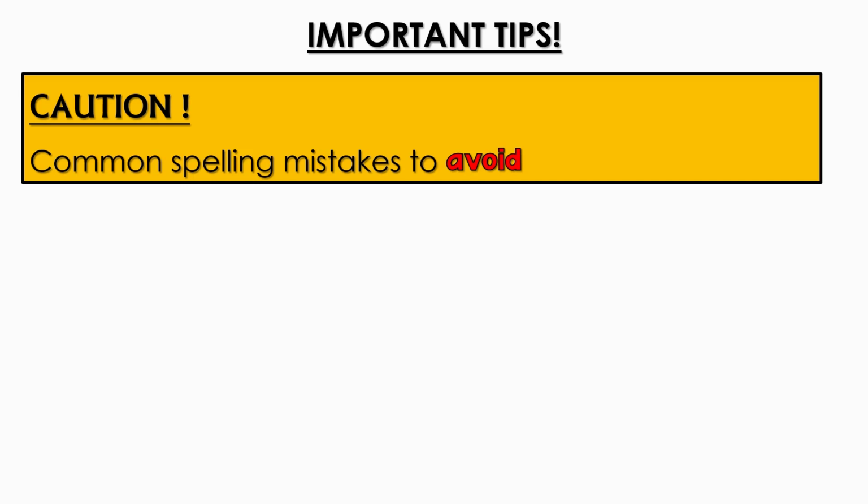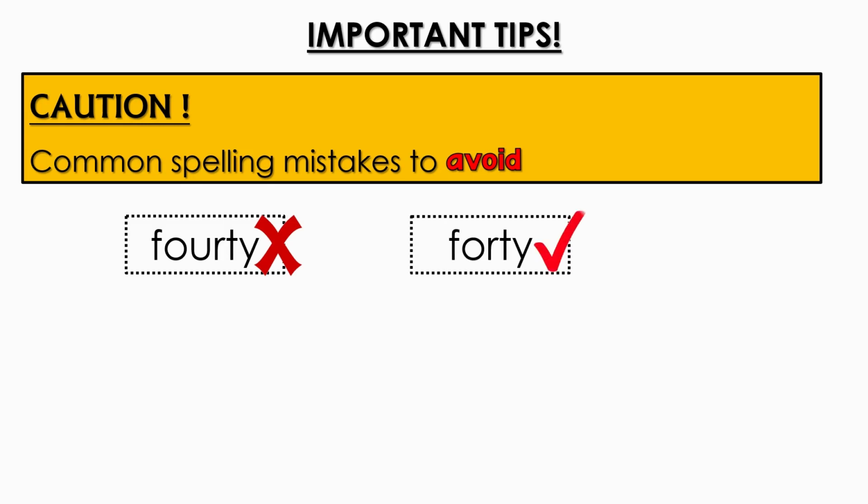Now there are 2 words that are very commonly misspelled by students. The 2 words are the words 40 and 90. The word 40 is typically spelled wrongly as F-O-U-R-T-Y. This is wrong. You are supposed to spell it as F-O-R-T-Y.